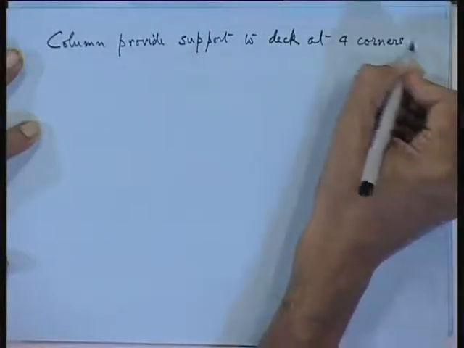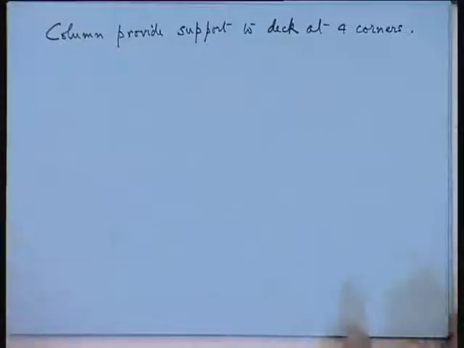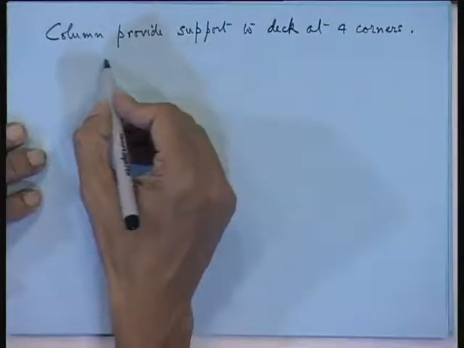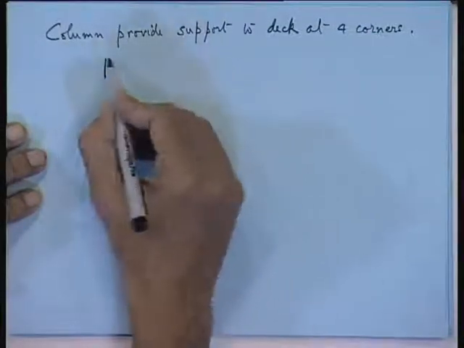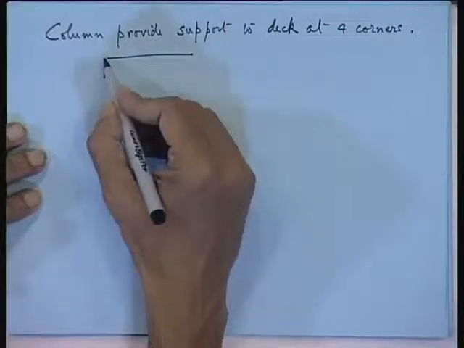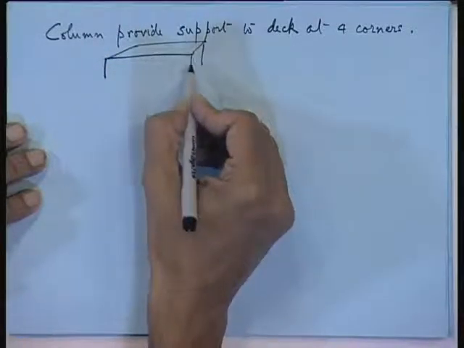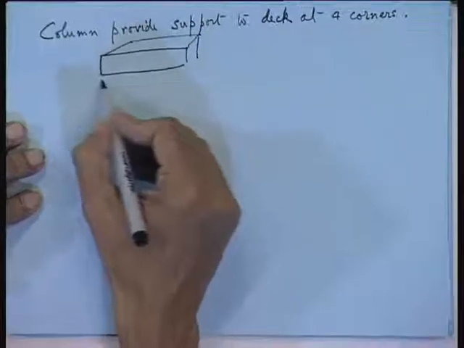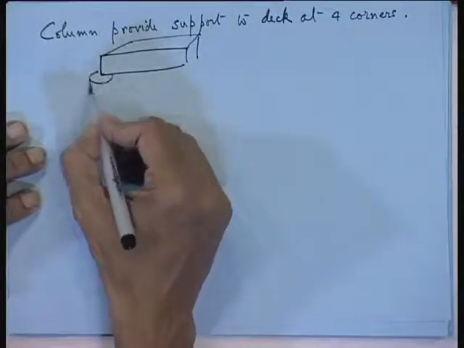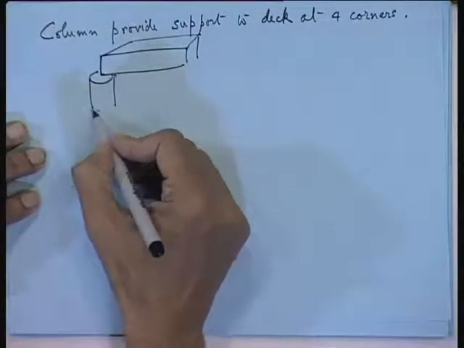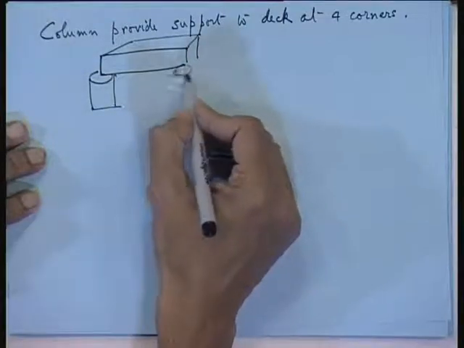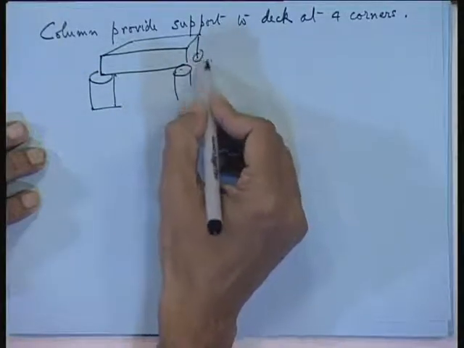Now, when you design the deck, you will find that the deck has to rest on 4 points. So, this is your deck. It will be resting on your columns out here, and another column out here, etc.